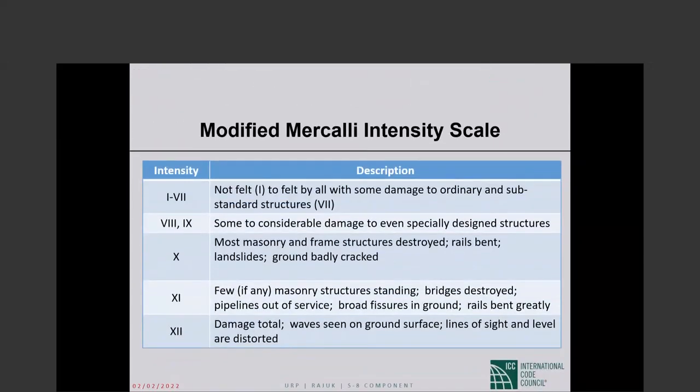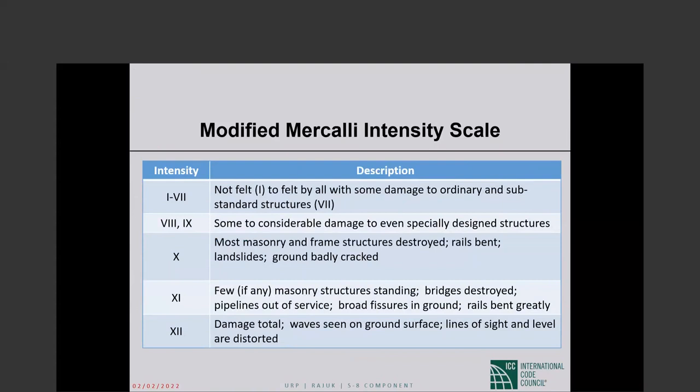This is the modified Mercalli scale that is used in many parts of the world, not all by any means. In Japan, they have their own scale, and there are others; Russians typically don't use what is used in other places.